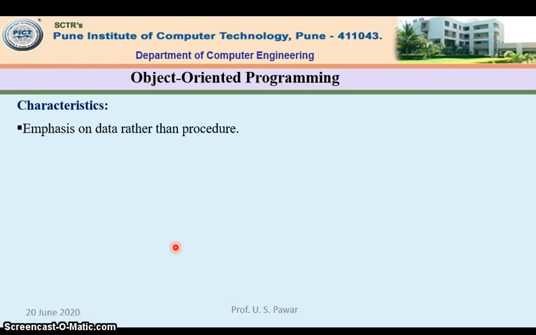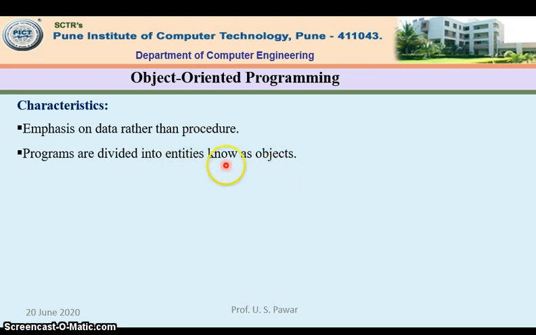So let us summarize the characteristics of object oriented programming. The emphasis or importance is on data rather than procedure. As we have seen, POP gives more importance to the procedure, whereas OOP gives more importance to the data and its security. Then in OOP, programs are divided into entities which are called objects, right?